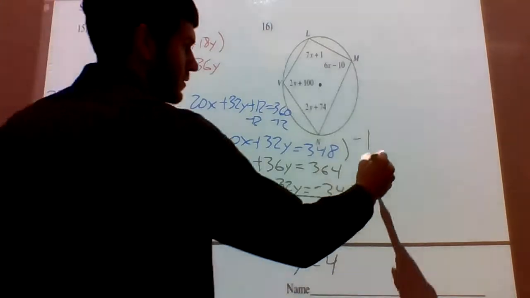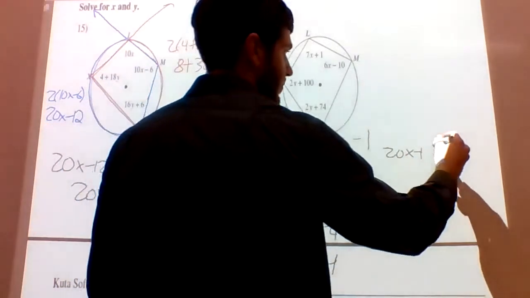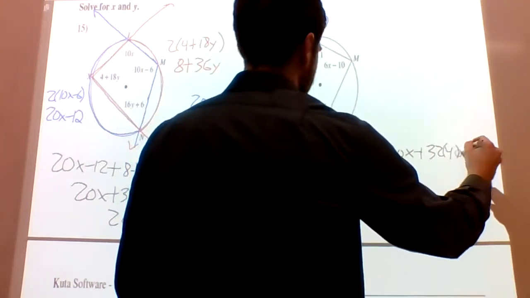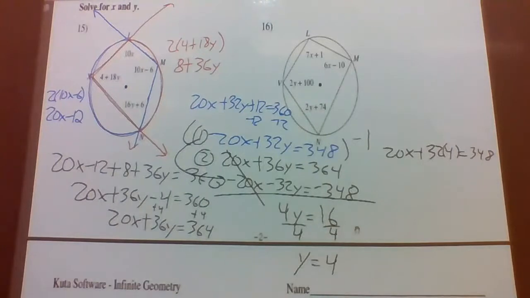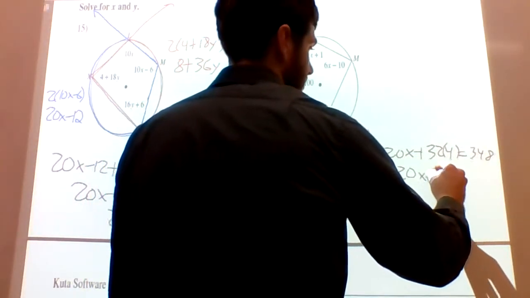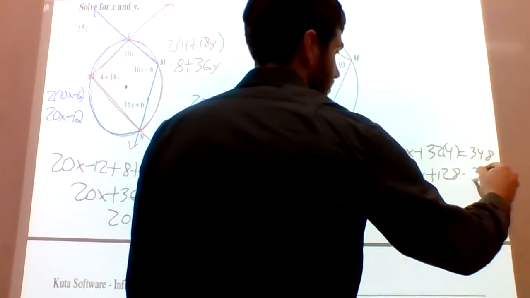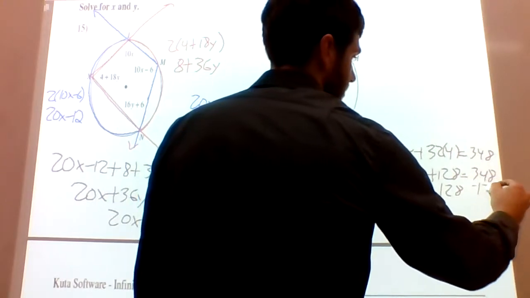So 20x plus 32 times 4 equals 348. Okay. 32 times 4 is, so 30 times 4 is 120. 2 times 4 is 8. So that's 128. So 20x plus 128 equals 348. Subtract 128.